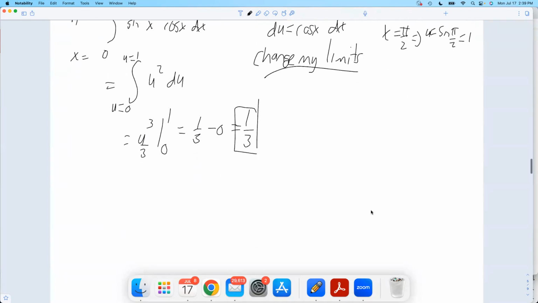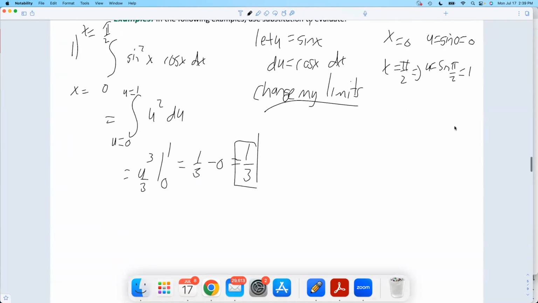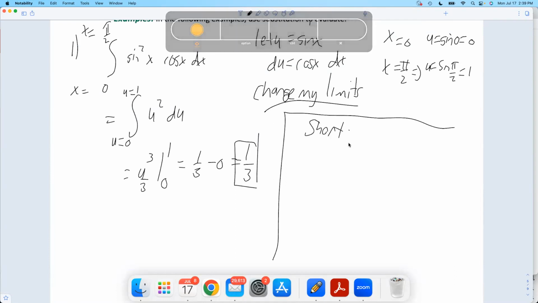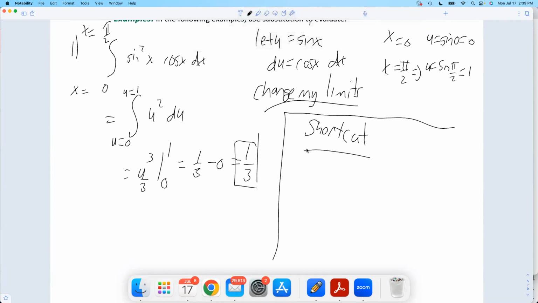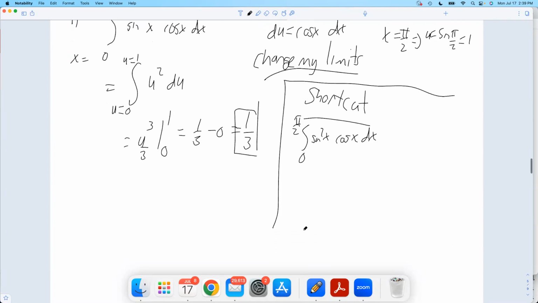Now, here's a shortcut you can use. I don't know how much of a shortcut it is, but it's like an alternate approach. So here's our original problem. I'm going to do the whole thing from the beginning. I'm going to do side work to find an antiderivative of this integrand.